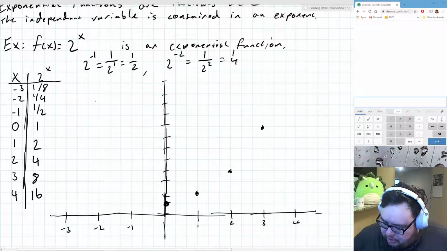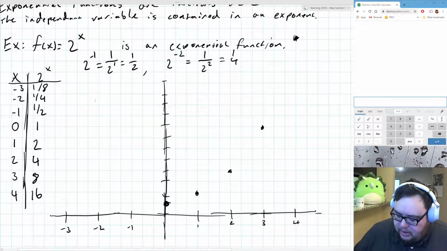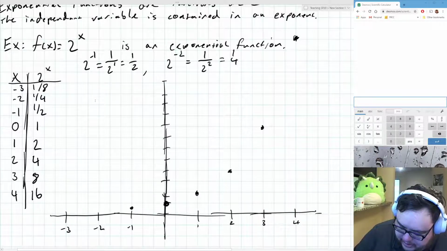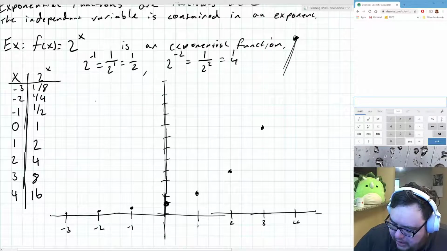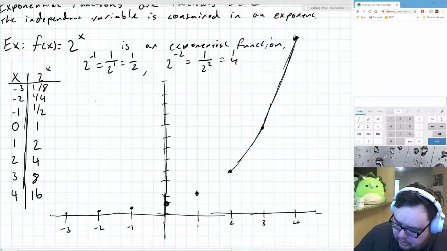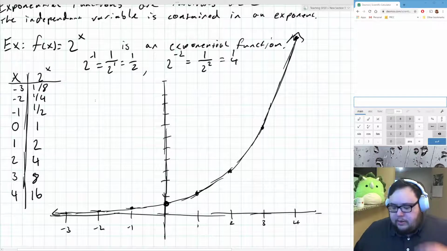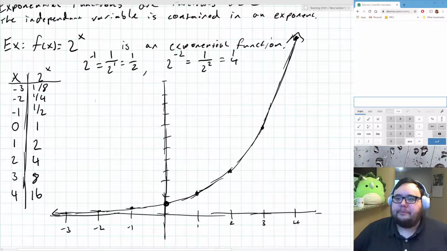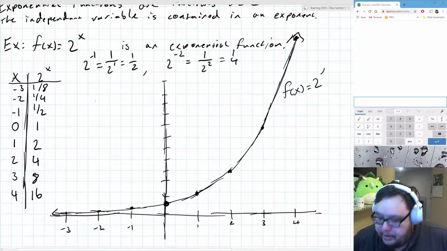And then the point 4, 16, which is up here somewhere. Negative 1, 1/2; negative 2, 1/4; and negative 3, 1/8. So we end up with our graph looking something like that. This is f of x equals 2 to the power of x.